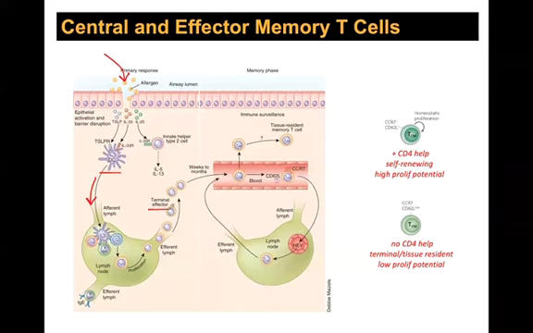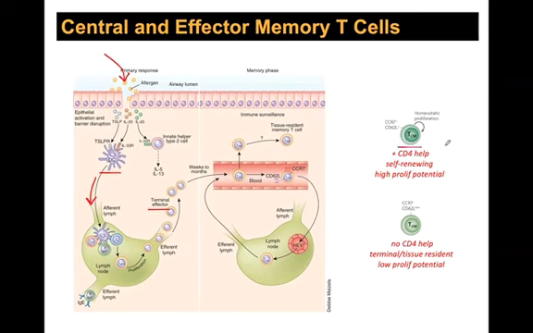The terminal effector cells are all going to die off, but there are two different kinds of memory cells. In particular, what's thought is that if a T cell gets CD4 help in the form of IL-2 and CD40 signals, then it becomes a central memory T cell.